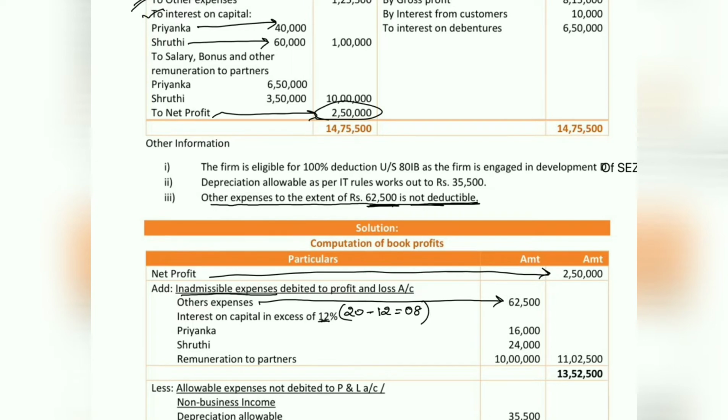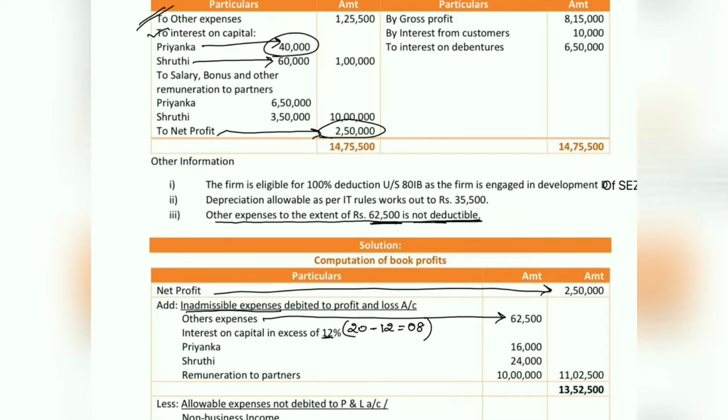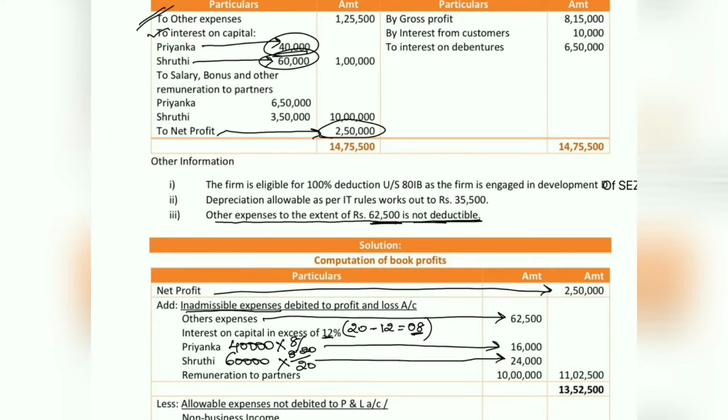For Priyanka, 40,000 into 8 by 20, that is, out of 20%, 8% is inadmissible, which comes to 16,000. For Shruti, out of 60,000, 20% in total, 8% will be treated as inadmissible value. So it comes to 24,000.